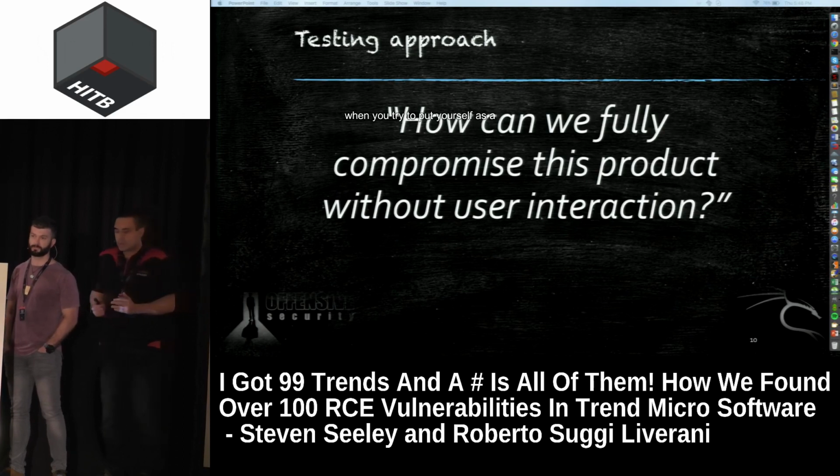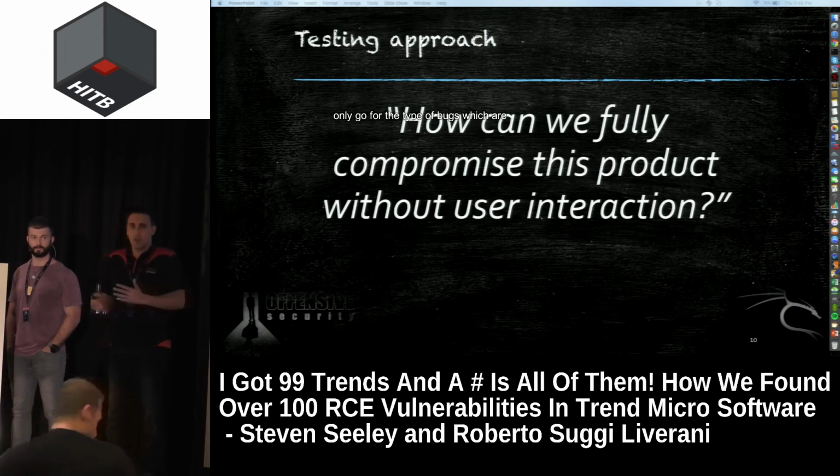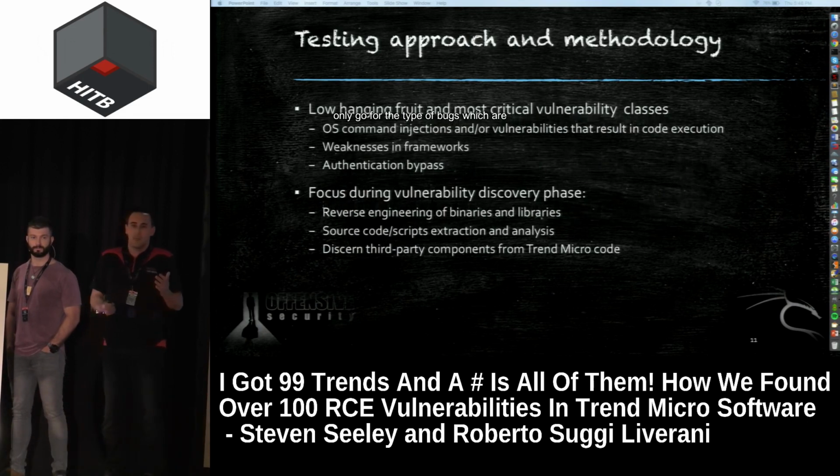When you put yourself as a researcher in this position, you will only go for the type of bugs which are either command injection or that lead to remote code execution, for instance SQL injection and so on. But we also looked into weaknesses in frameworks used by Trend Micro products, or for instance authentication bypass, and chaining these bugs together.